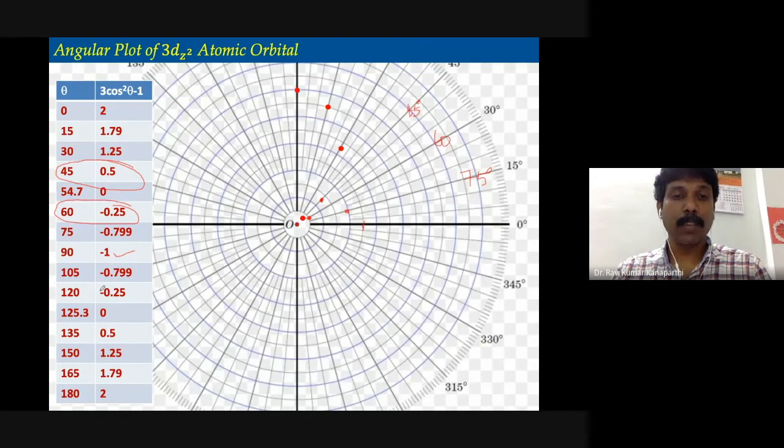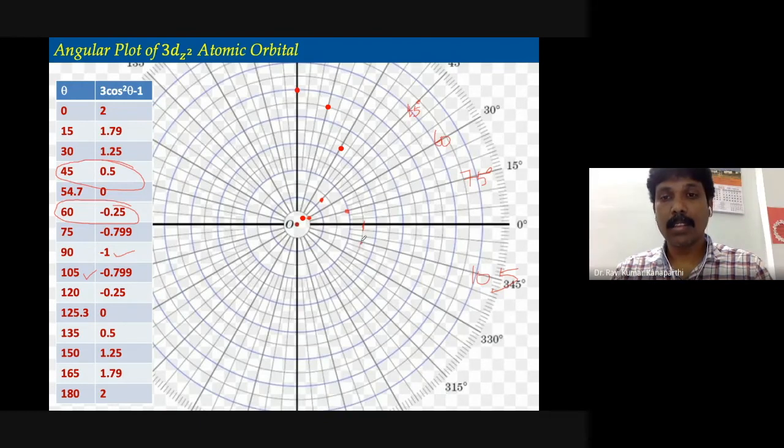Where is the next point? The next point is at 105. Again, you can add 15 degrees to 90 degrees, and that gives you 105 degrees. At 105 you have to mark it. How much? It is 0.8.